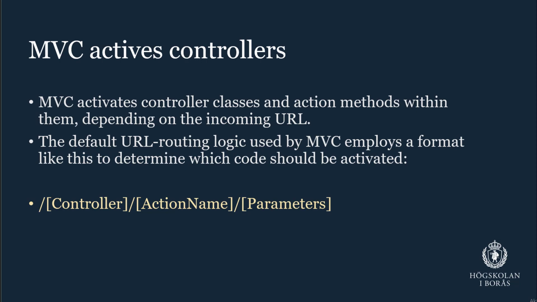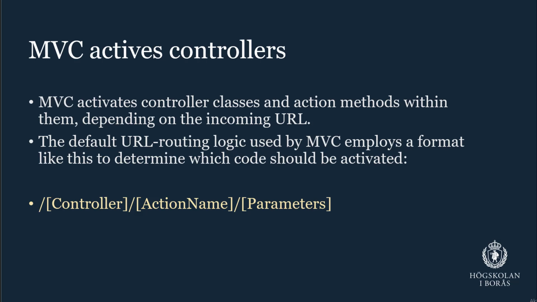When working with an application, especially here now with ASP.NET and MVC, the MVC architectural structure activates the controllers and classes and action methods within them, depending on the incoming URL. The default URL routing logic used by MVC employs a format like this to determine which code could be activated.